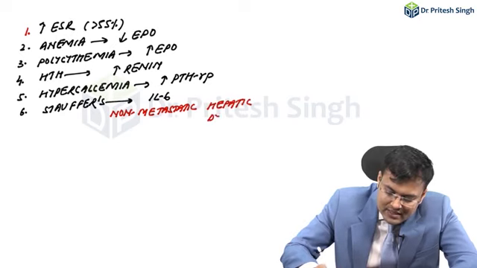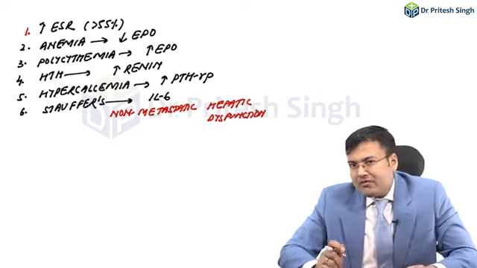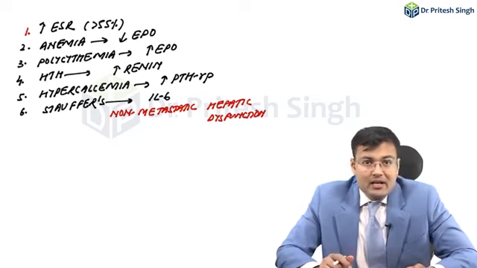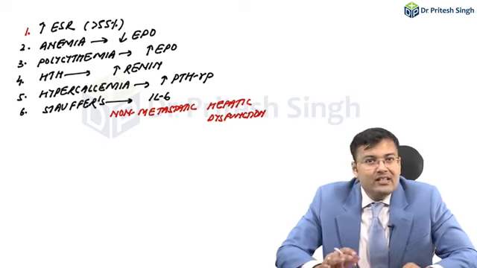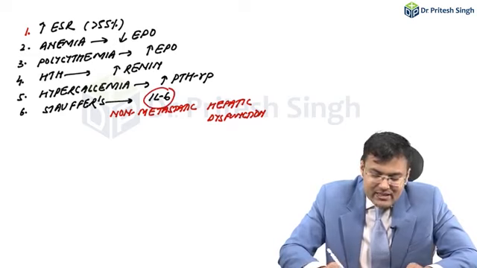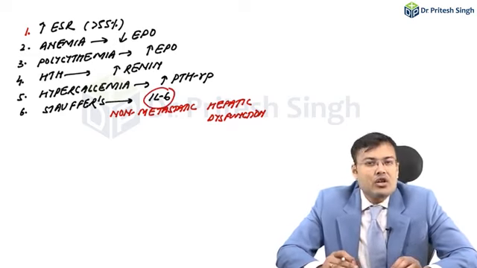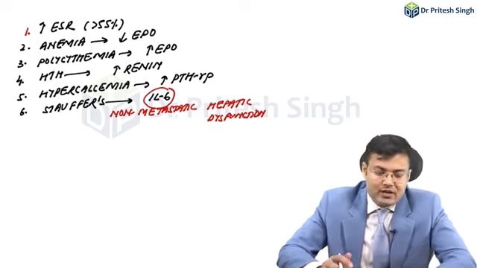For example, sometimes patients of RCC develop jaundice. If you perform ultrasound abdomen and CT, there is no mass detected in the liver. So what's the cause? Raised IL-6, interleukin 6. This is non-metastatic hepatic dysfunction. It usually resolves after nephrectomy.